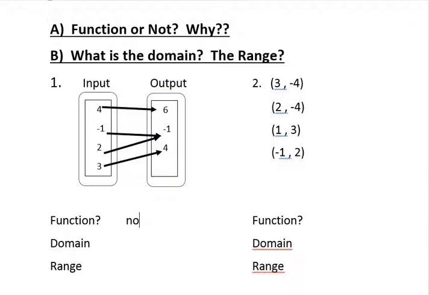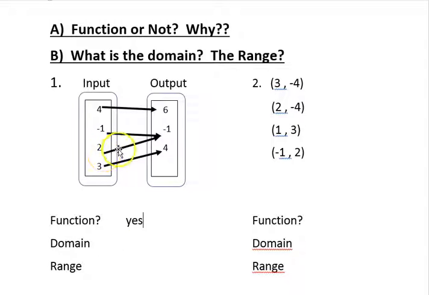Let's look at it this way. I'm actually going to change this on the fly, because in its current form, this actually would be okay. You're like, but wait a minute, there's 2 things going to 1. True. But our rule for a function or not is 1 input can't have 2 different outputs.